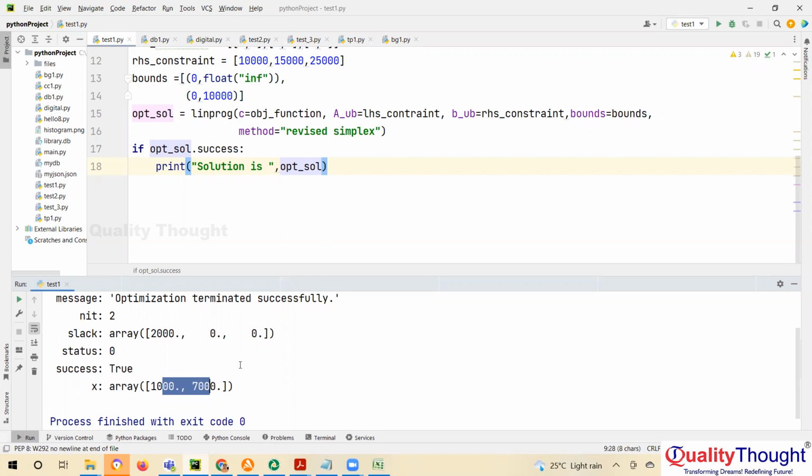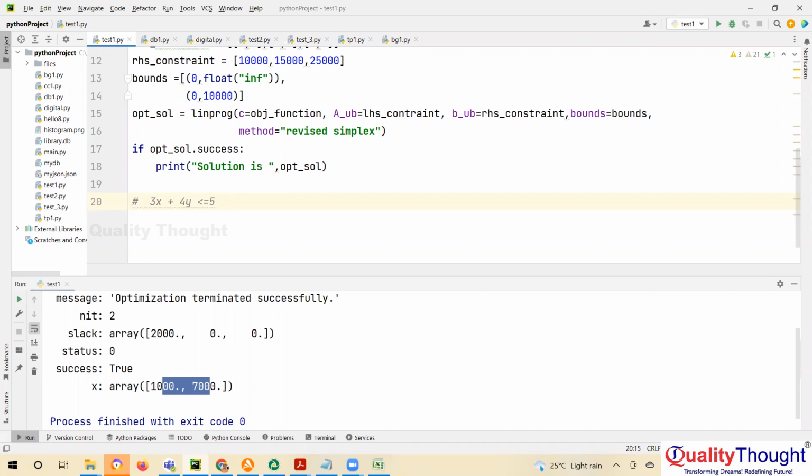What is that NIT, 2 and all that, sir? Slack variables. Number of iterations is 2, and slack refers to the slack variables. If you get into simplex, you will understand this. What simplex does is, if I say 3x plus 4y is less than or equal to 5, let's say, then when you say less than, it's very difficult to solve a less than problem, or a greater than problem.